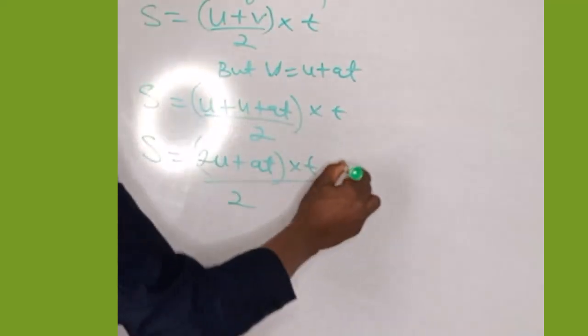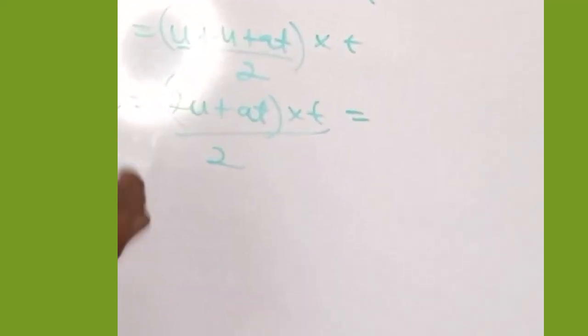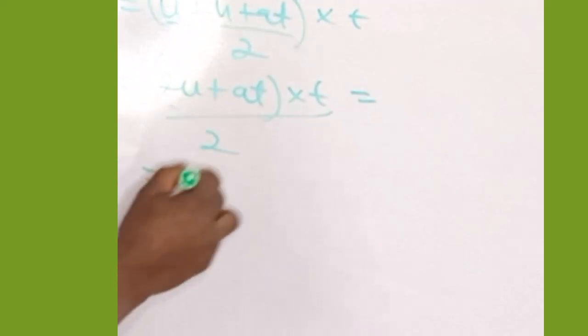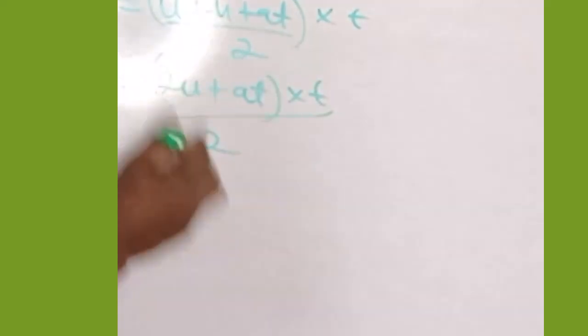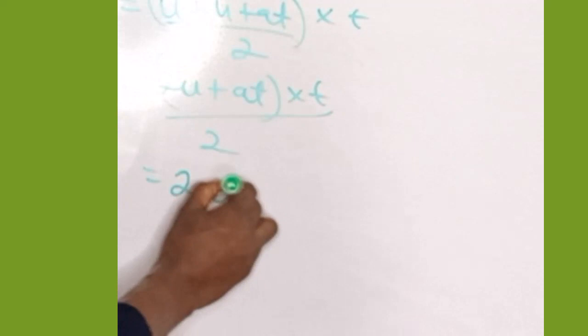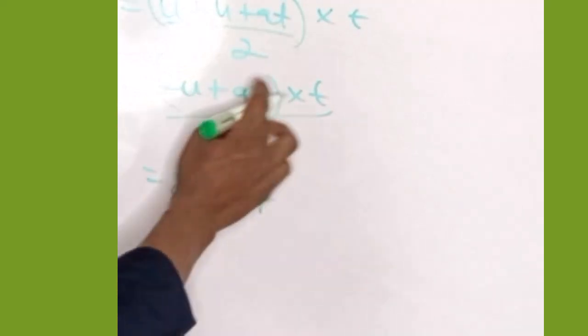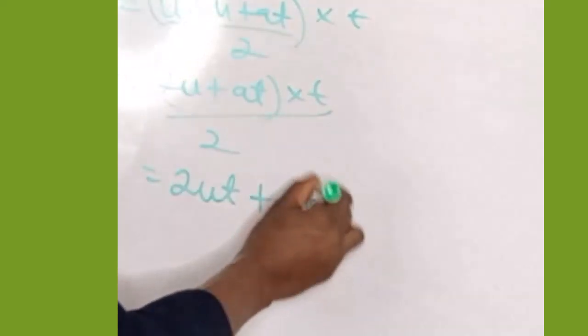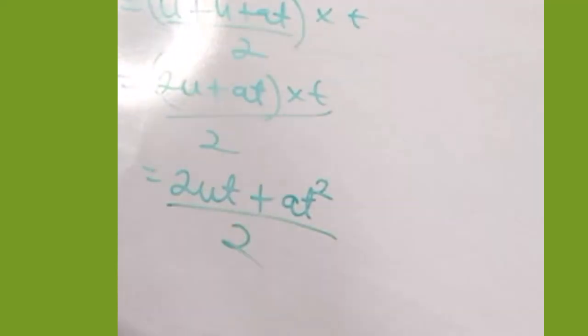So S is equal to 2UT plus AT square all over 2.